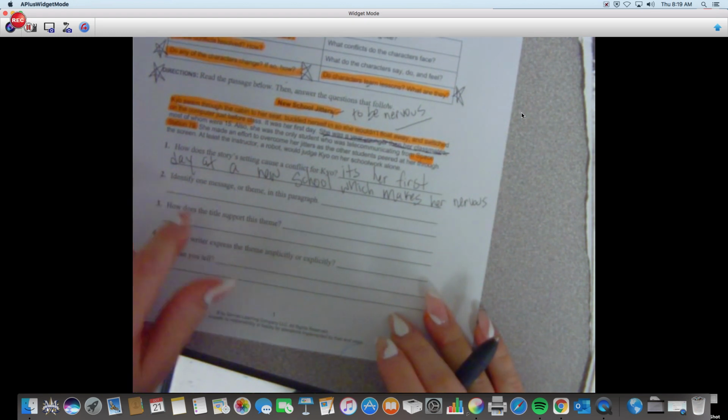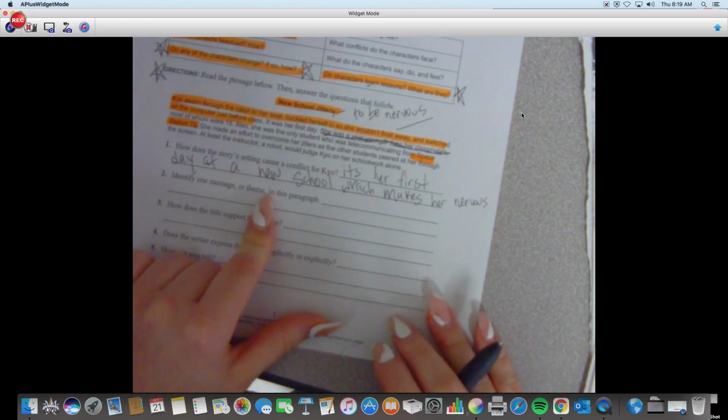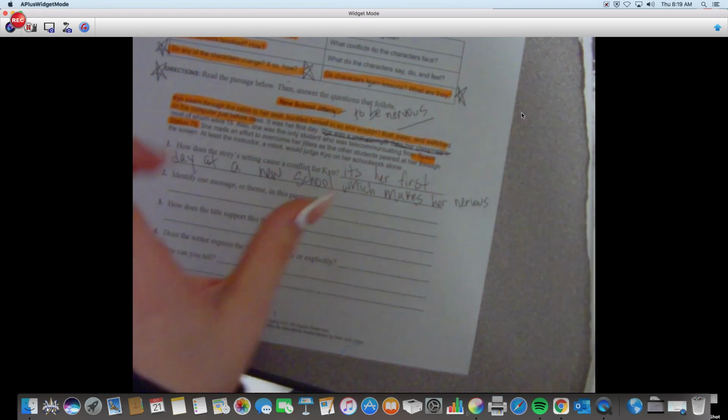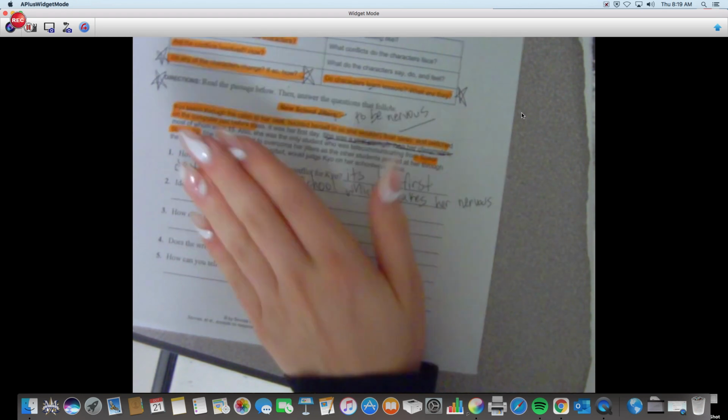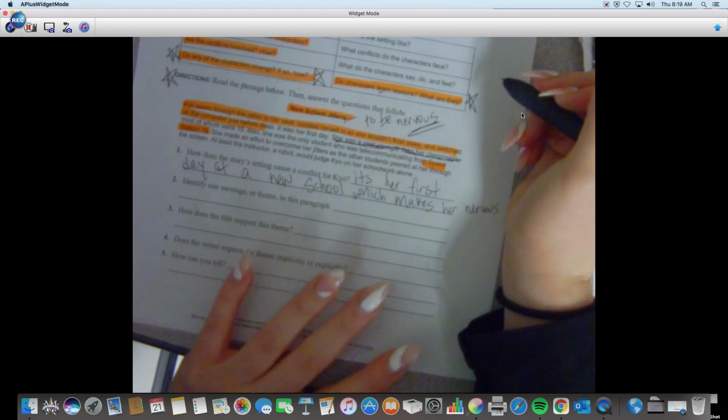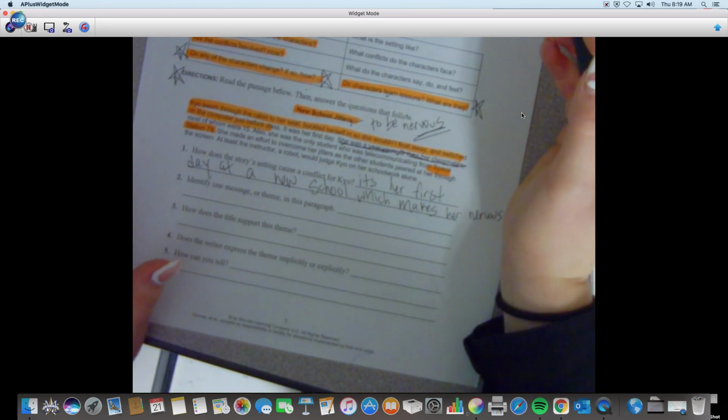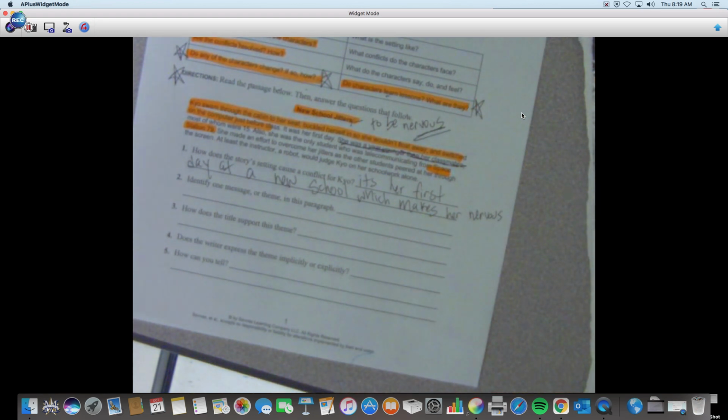Okay, question 2, identify one message or theme in this paragraph. Okay, well, if this is about being nervous in new situations, the way that we can overcome those nerves is to basically go through and face those fears and face the things that make us nervous.